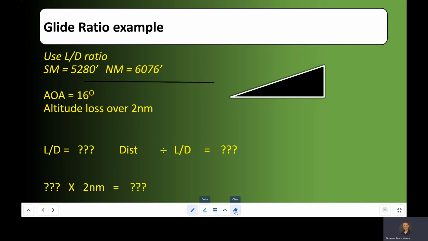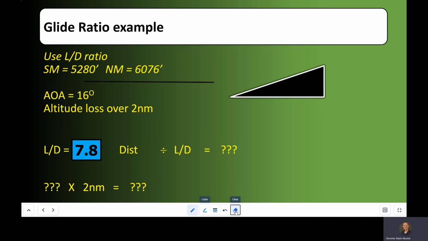All right, so given an angle of attack of 16 degrees, what is the altitude loss over 2 nautical miles? Using that figure 3, we would find the 16-degree angle of attack. I'll give it to you here, and you can double check me. It comes out to be 7.8. So you do want to make sure you understand scaling on here and that you are able to find as close to my number as possible.